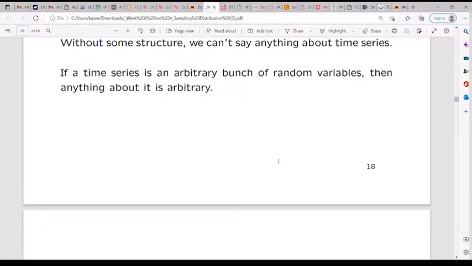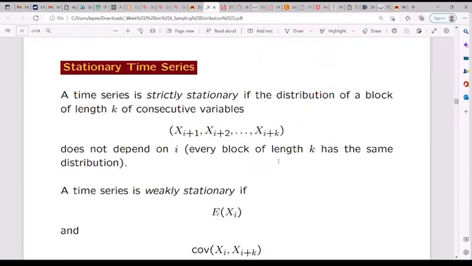I will quickly go to some properties of time series analysis, and one of them is what we call stationarity.